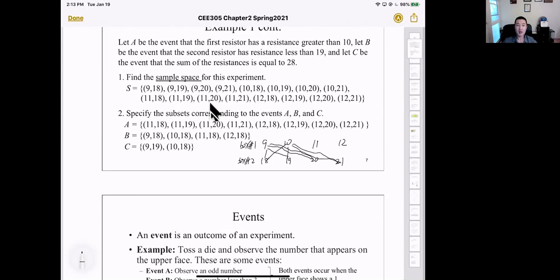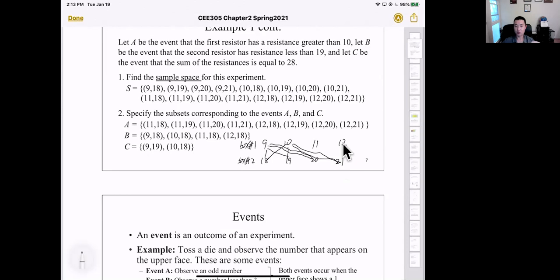Let's look at event A, which is defined as the first resistor has resistance greater than 10. Greater than 10 means the resistor in box number 1 could be 11 or 12. For 11, it could be 11, 18, 11, 19, 11, 20, and 11, 21.